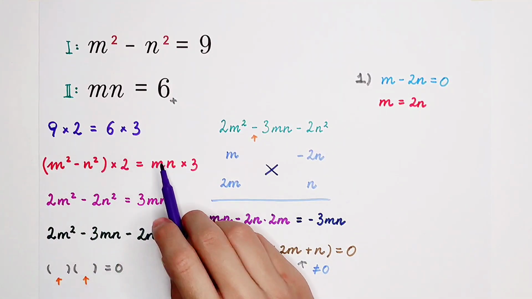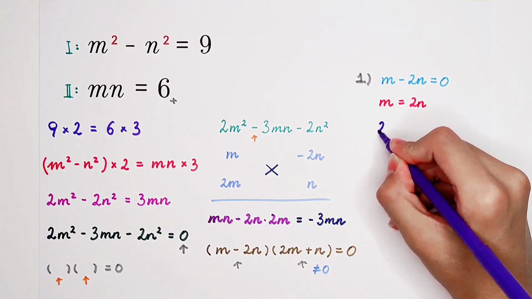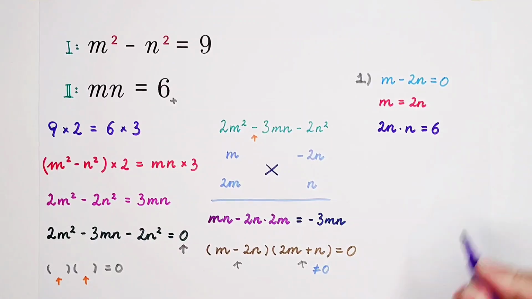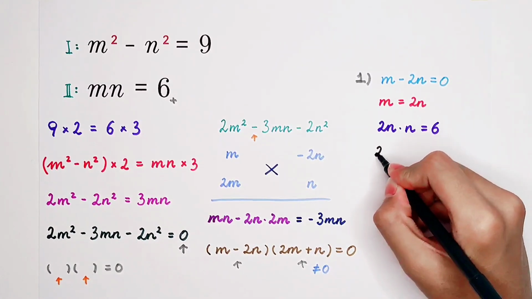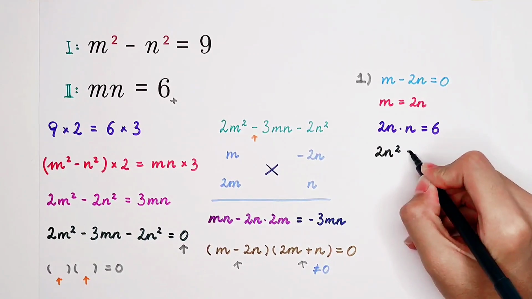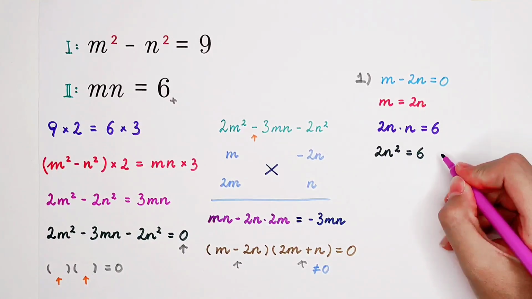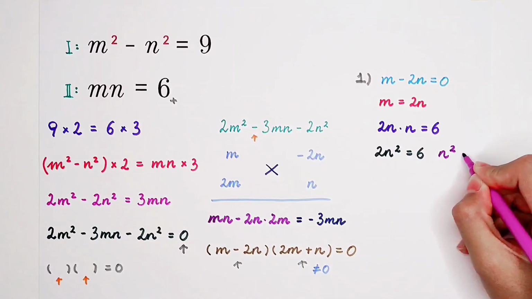Here we can get 2n times n equals 6. What does it mean? 2 times n squared is 6, then n squared is of course 3.